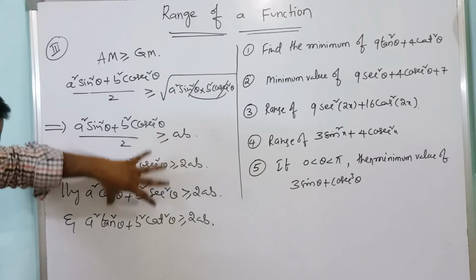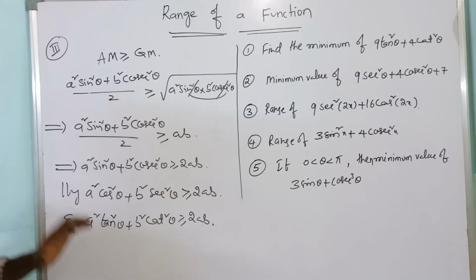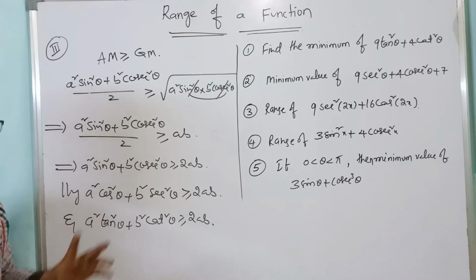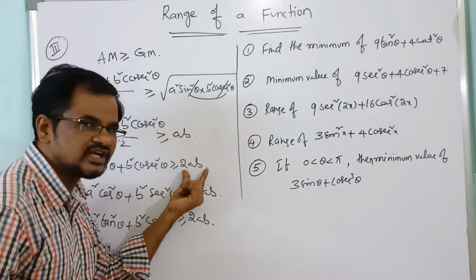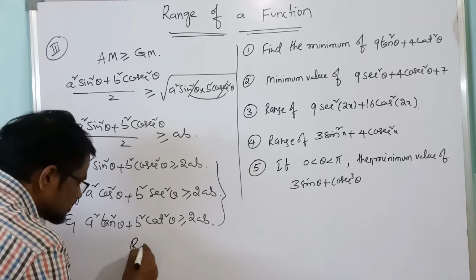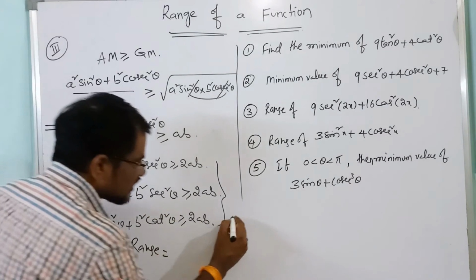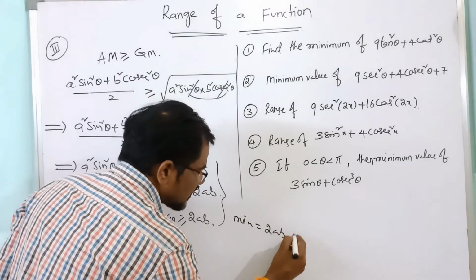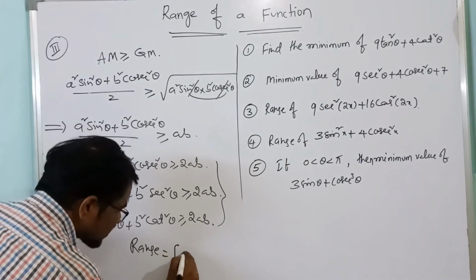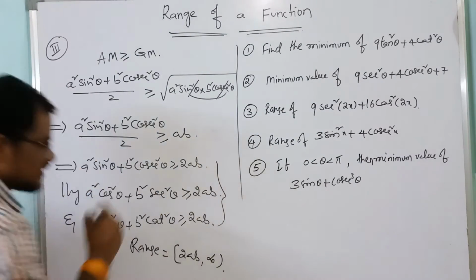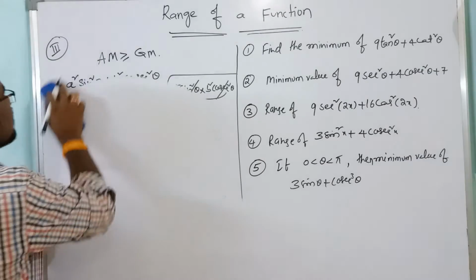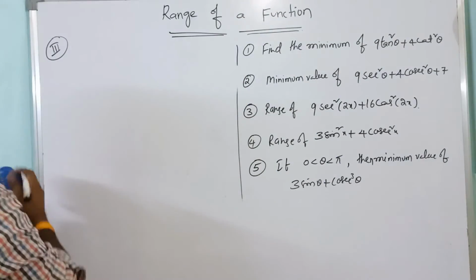Whenever the problem is in the form of a square sine square plus b square cosecant square, greater than or equal to 2ab, the minimum value is 2ab and the maximum value we have to take as infinity. If they ask for the range, we have to take the closed interval 2ab to infinity. Now, by using this information, do the first problem.